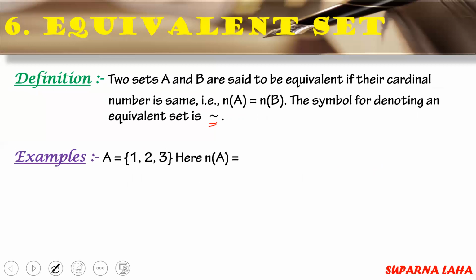A is 1, 2, 3, that means the cardinal number is 3, and the second set B is P, Q, R, here also the cardinal number is 3. So at that time we will call A equivalent to B. This is the sign of equivalence. So equivalent set and equal set are two different concepts. Equal sets means their elements should be the same, and equivalent means their cardinal numbers will be the same.